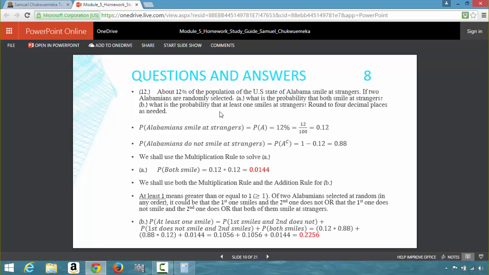B, what is the probability that at least 1 smiles at strangers? Round to 4 decimal places as needed. Okay, so for the B, at least 1. If I ask you, hey Joe, could you please give me at least 5 oranges? At least 5 means 5 or more.